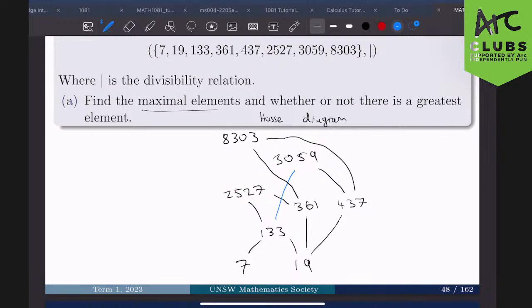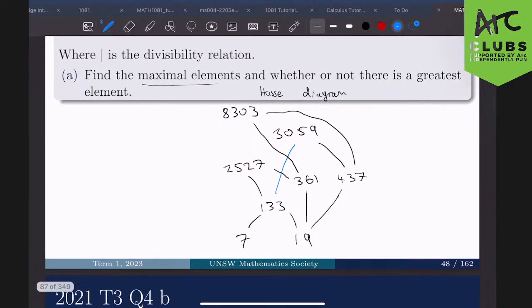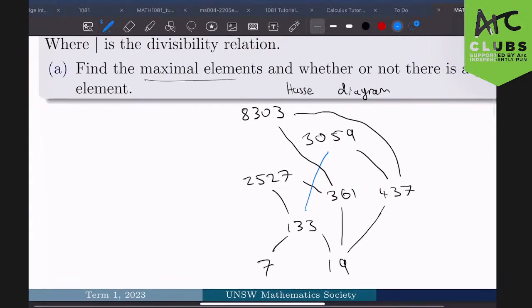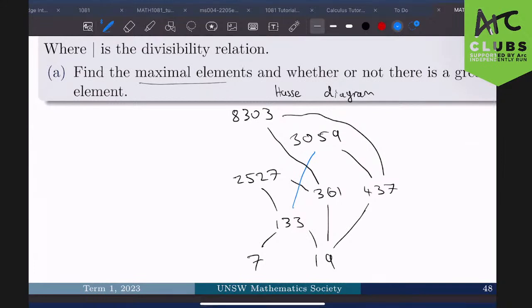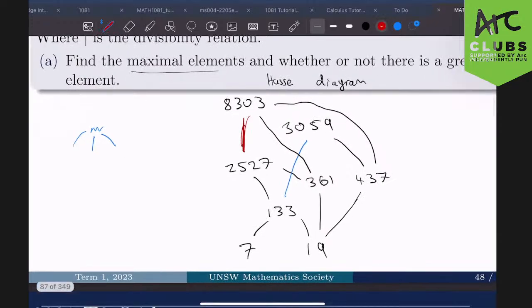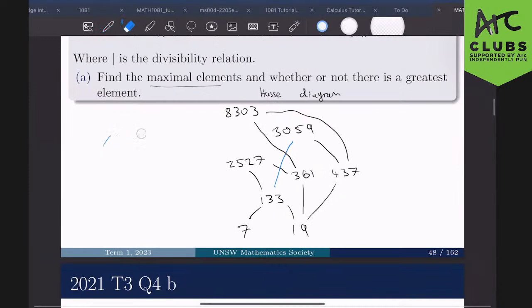And a greatest element exists if there's only one, if they all came into this one maximal element. But we can see here that because there's no connection between these, there's no greatest element. I believe so.